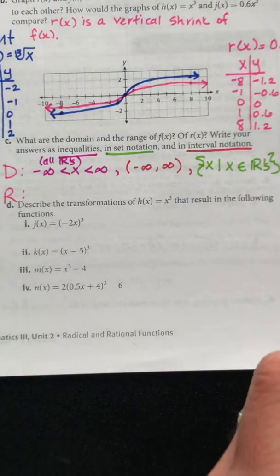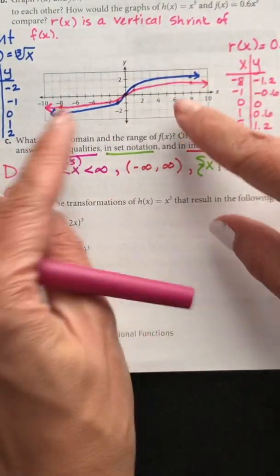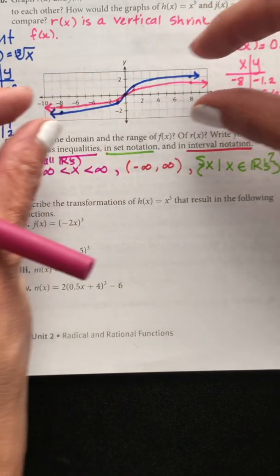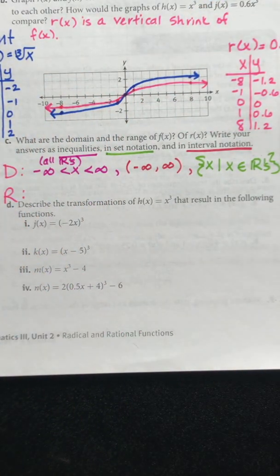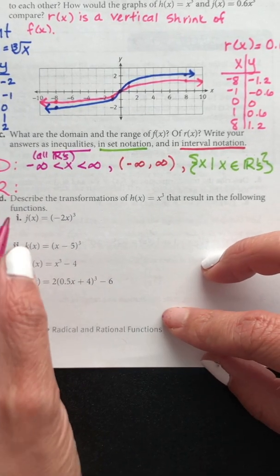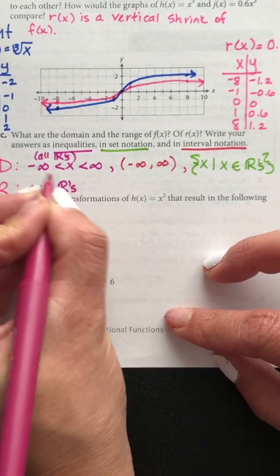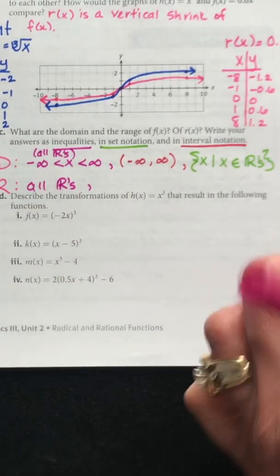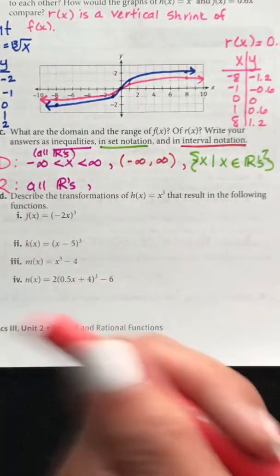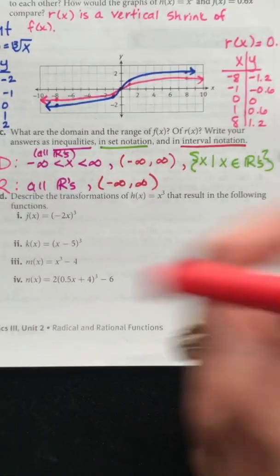Pink, red, and green. All right, so for the range, well, the range is the y's. Because of those arrows, even though they're close to the x-axis, they are going slightly up and out and down and out as they go to infinity. So they're also going to be all real numbers. I'm going to put all real numbers, so that's way shorter than putting negative infinity to positive infinity. And in interval notation, negative infinity, positive infinity.